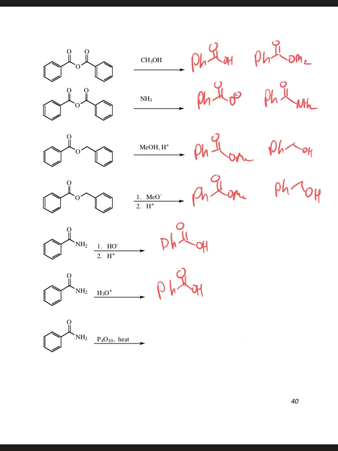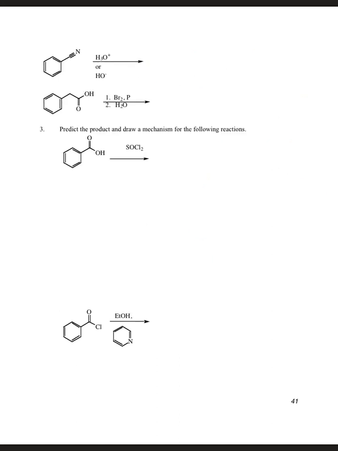P4O10 is a dehydrating agent. It's another way to turn it into a nitrile. Okay, then we have the amide, nitrile. It goes through the amide into the carboxylic acid with either acid or base followed by acid.